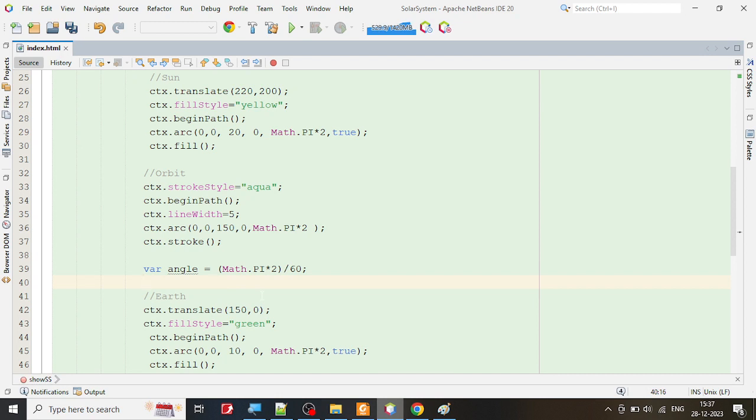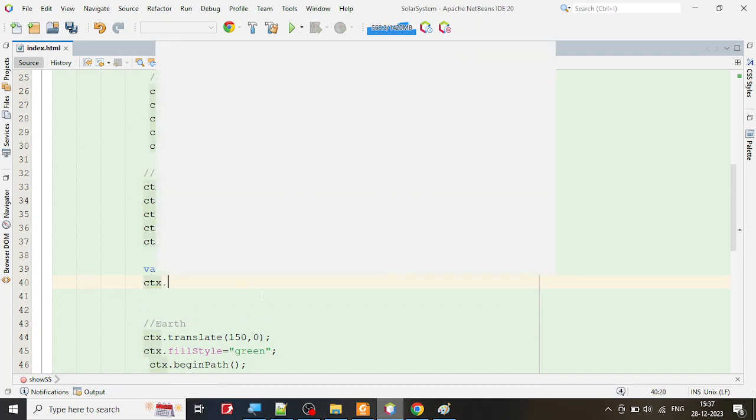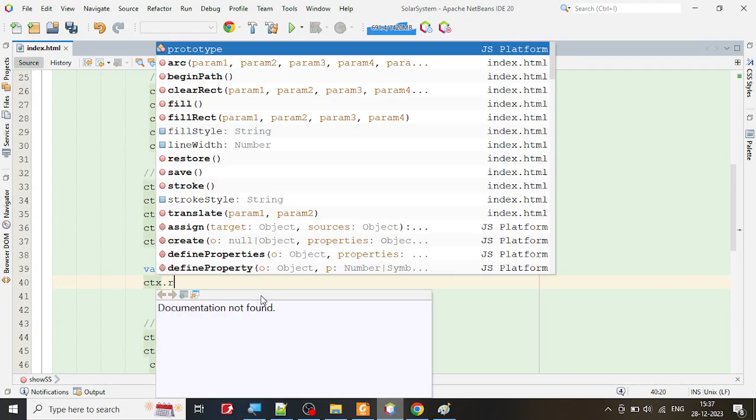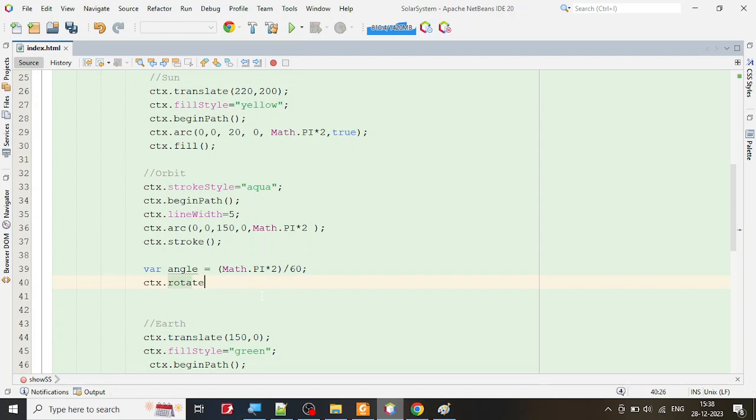How do I rotate this whole thing? I have to say ctx dot rotate by how many degrees? My angle that I have got is this one. If you say into I, it's good, but there is one minor problem.